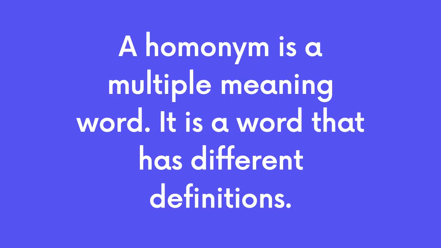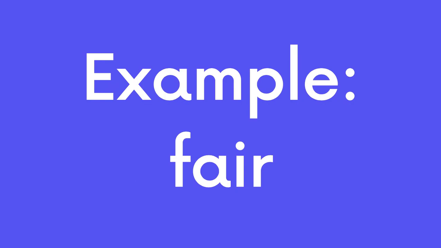A homonym is really what we call in English a multiple meaning word. It is a word that sounds the same as another word, it's spelled the same as another word, but it has a different definition. Okay, and an example of that is the word fair.